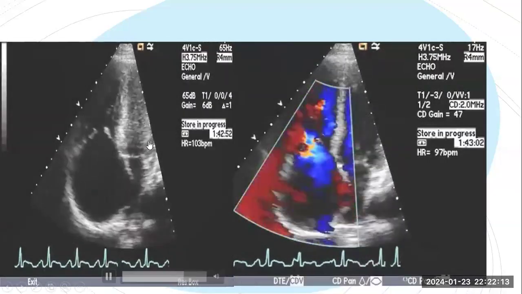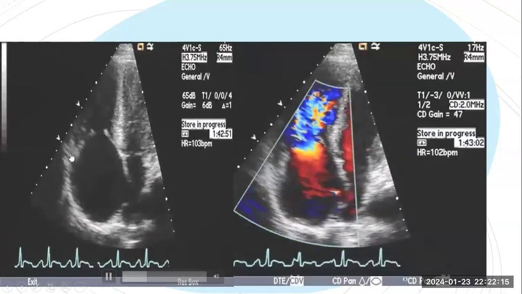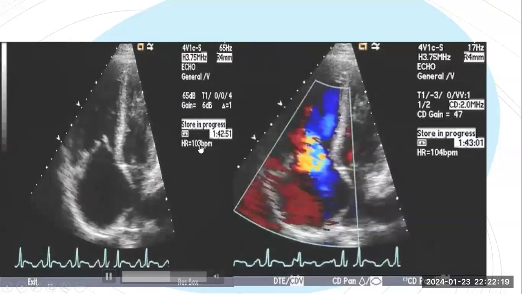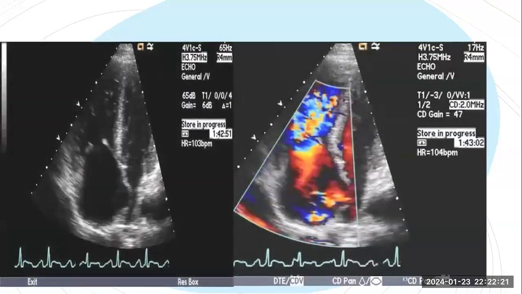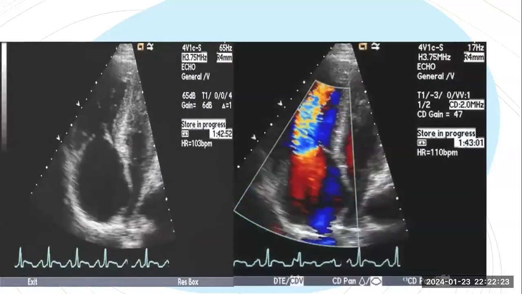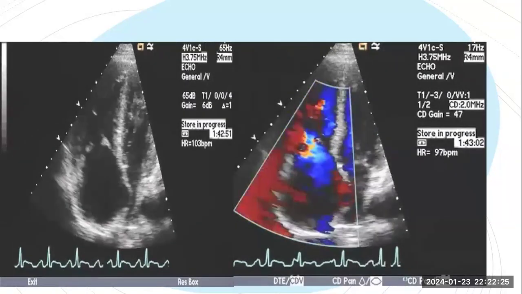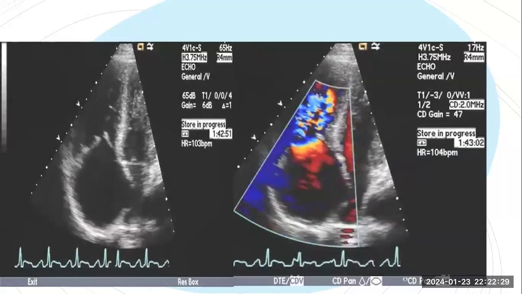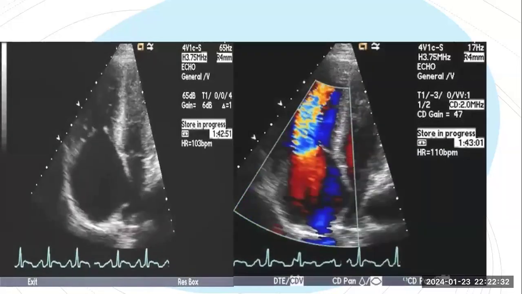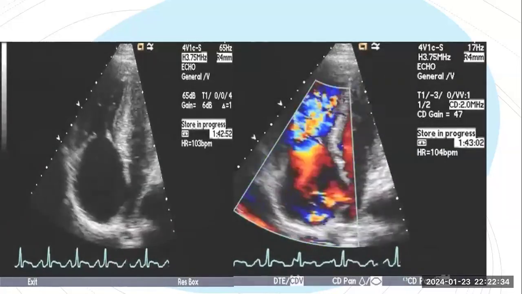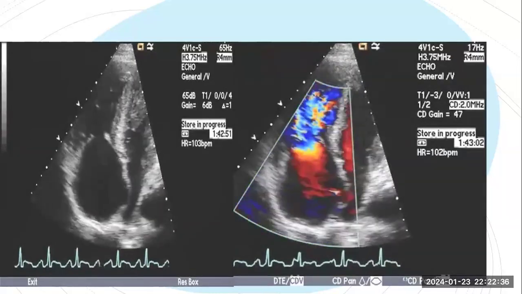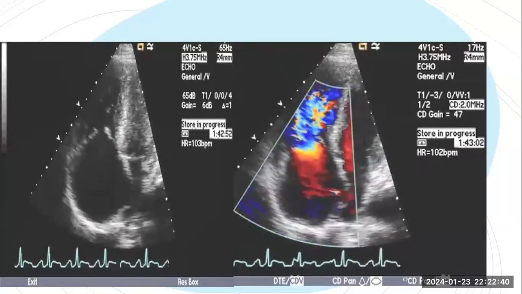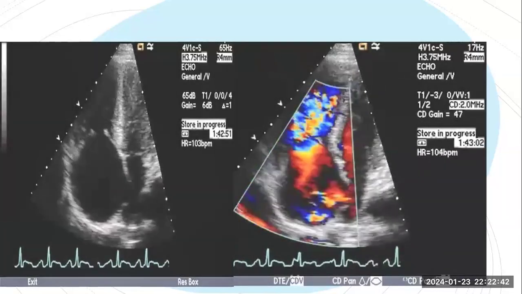What do you see? This is the RV. Carcinoid. So carcinoid, Dr. Anwar, why did you say carcinoid? Because the leaflets of the valve were very high as compared to the mitral valve. Okay. Is it really high? It's not that high. Usually the tricuspid valve is a little bit more apical in comparison with the mitral valve.